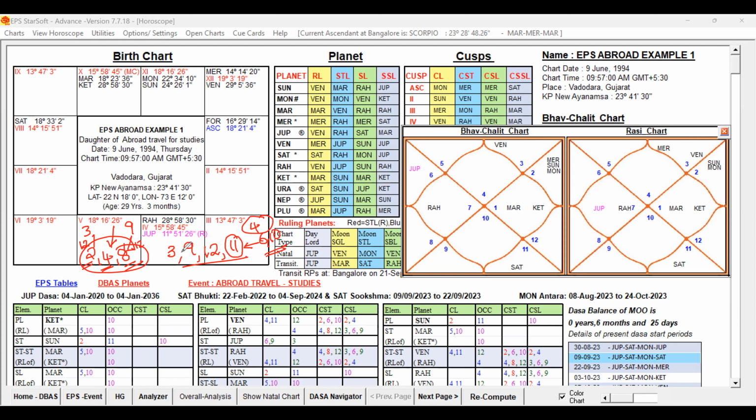In the absence of 3, 9, 12, in the grouping of 3, 9, 12, if the second house, the eighth house, or second and fourth are playing a role, importantly eighth house is the most important one. Along with that, 2 and 4 are playing, so it is indicating obstacles. Suppose both are playing, it indicates supportive and also not supportive. In the sense, it can support travel and it will not support a long stay in abroad.